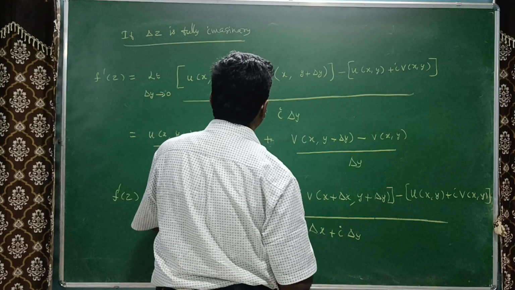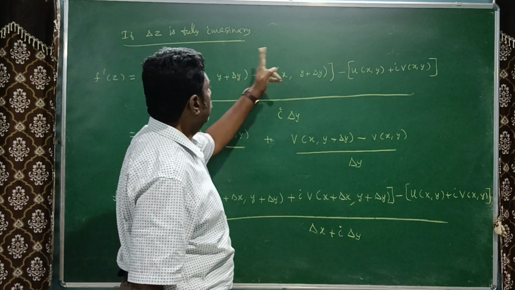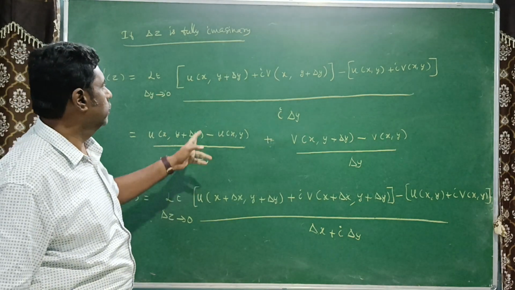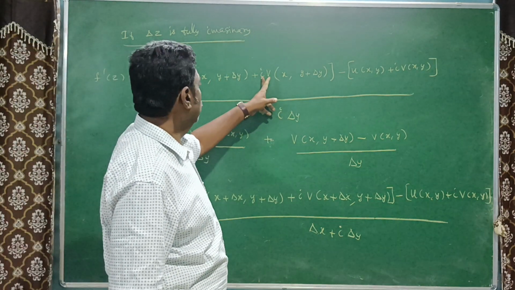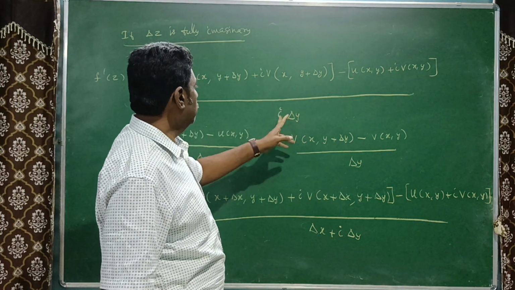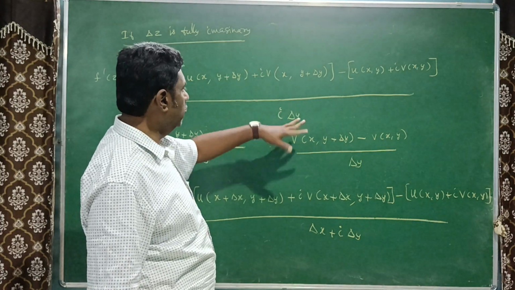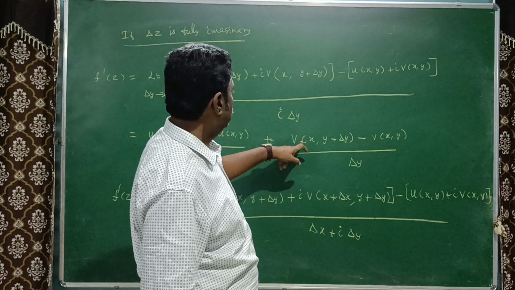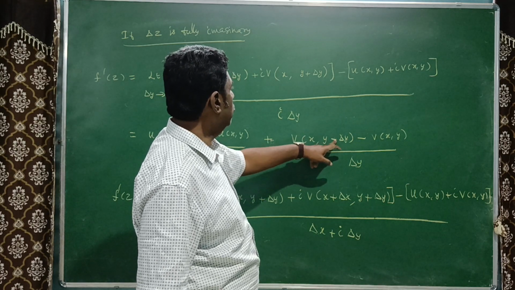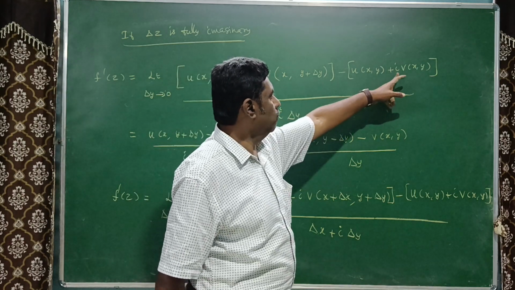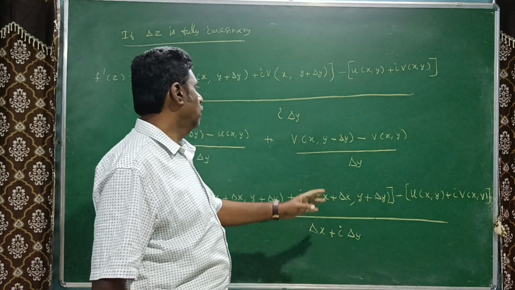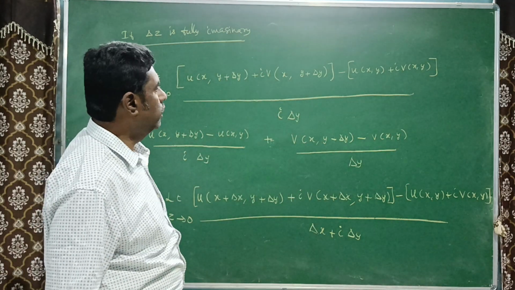See here, if you combine these two, we can get our imaginary term. But if you consider the imaginary term, i by i cancel out, we can get the real term. That is v of x comma y plus delta y minus v of x comma y, because i gets cancelled, whole divided by delta y.